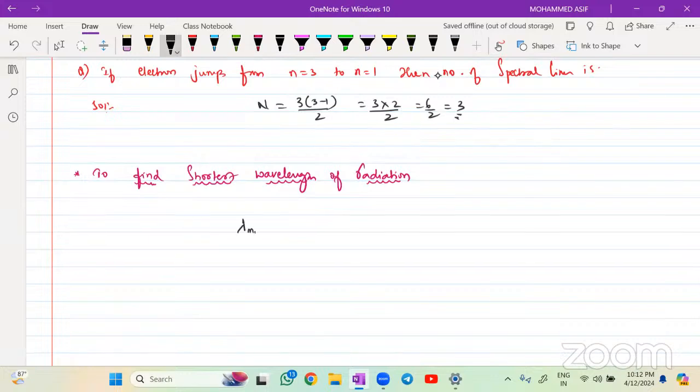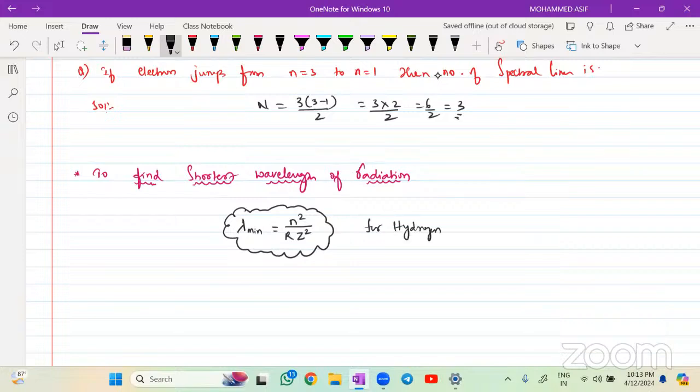Lambda minima equals n square divided by R into Z square. R is your Rydberg's constant, n is your principal quantum number of the orbit from which it is jumping, and Z is your atomic number. For a hydrogen atom, obviously Z value is 1. So lambda minima will be equal to directly n square divided by capital R.